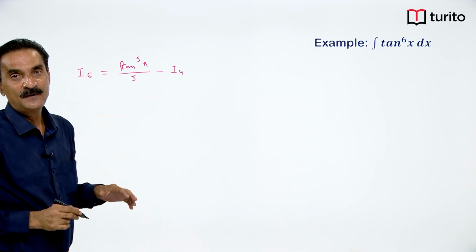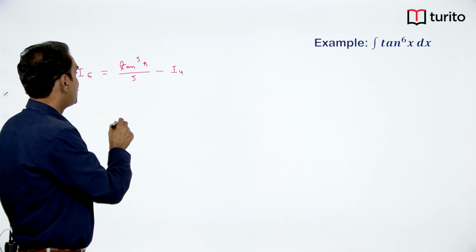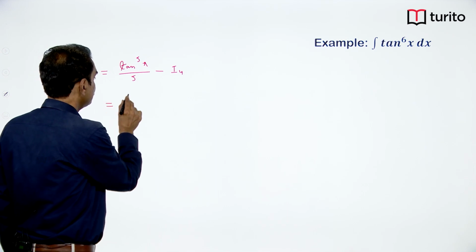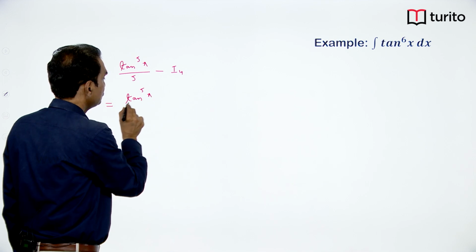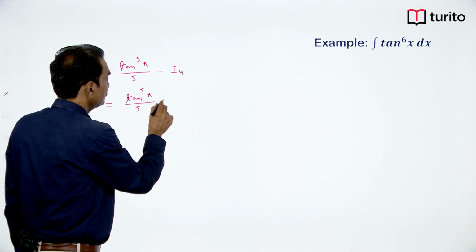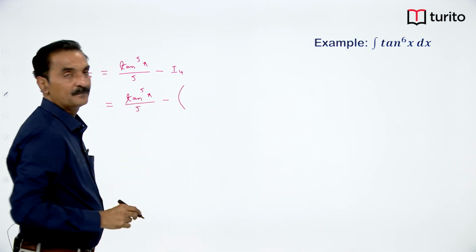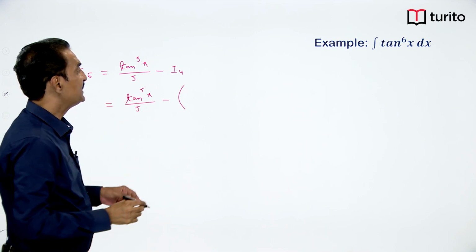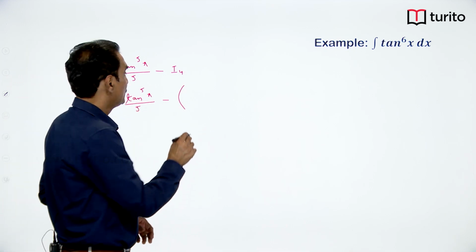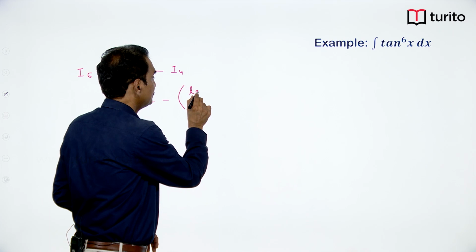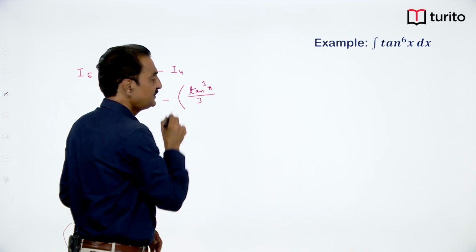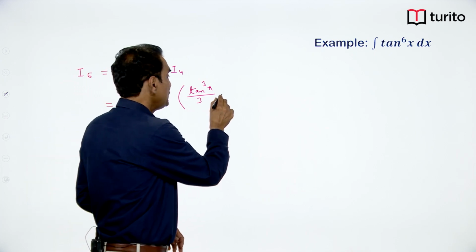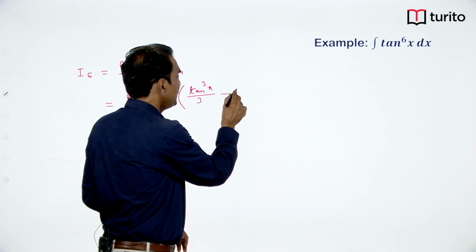Again apply the formula for I4. Taking n is equal to 4 in the formula, you will get tan cube x by 3 minus I4 becomes I2.